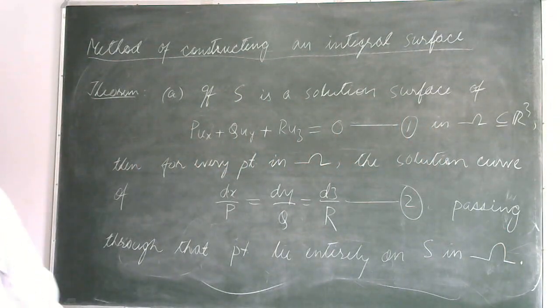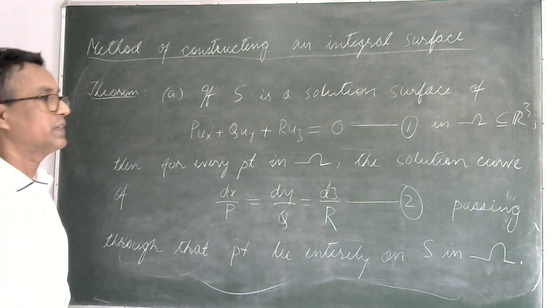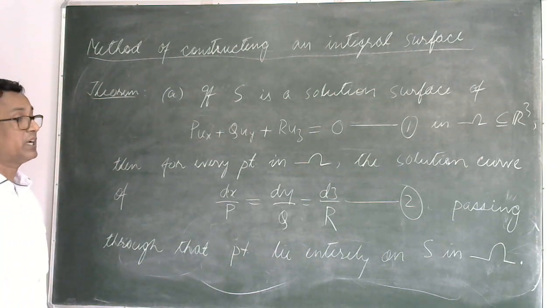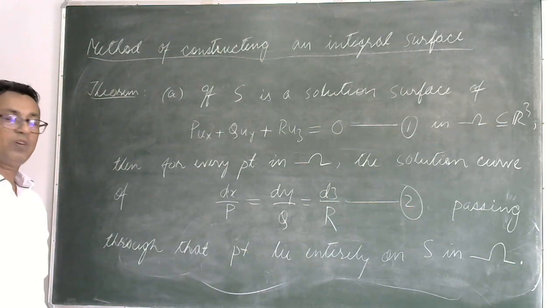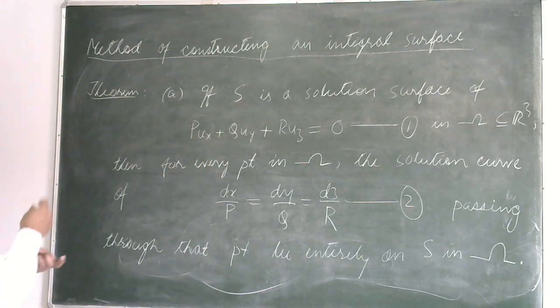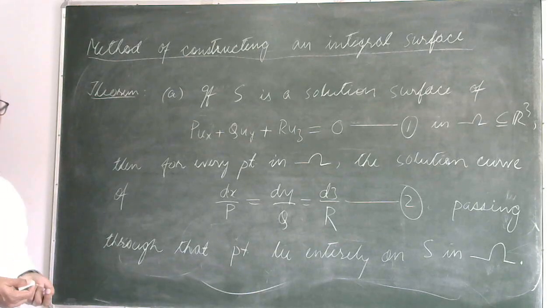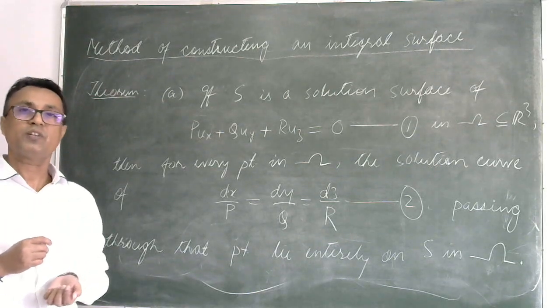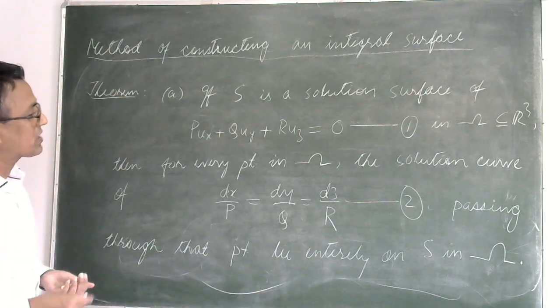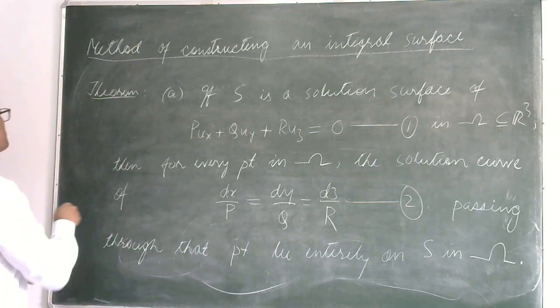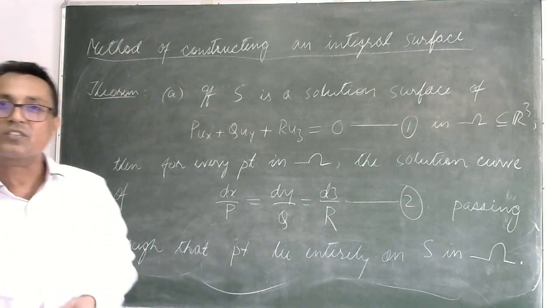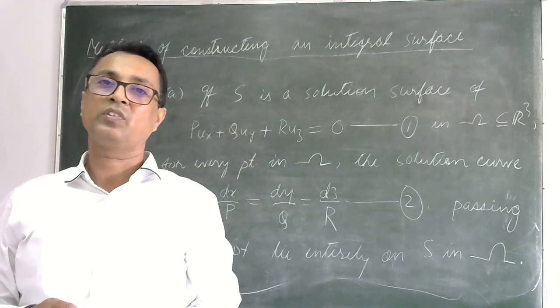Could you please go through this theorem once again, because geometrically you have to understand it. What it is saying, remember, I am talking about an integral surface or a solution surface, right? And obviously the solution surface is going to be given by something like u of x, y, z equal to c1, right?